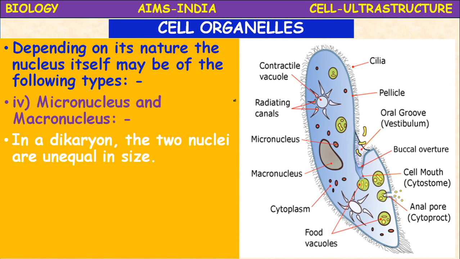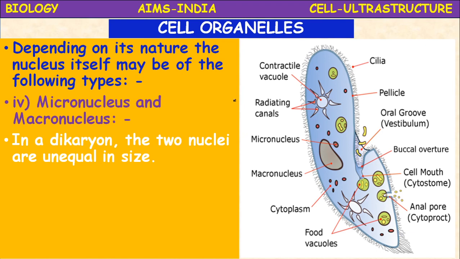Then now the micronucleus and macronucleus. So it is the fourth type. The first type is amphinucleus, second type is heminucleus, third type is pronucleus. Depending on its nature, the nucleus itself may be divided into four types. What are they? Amphinucleus, heminucleus, pronucleus and micro and macronucleus.